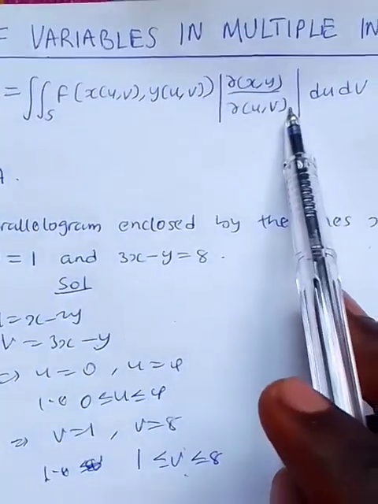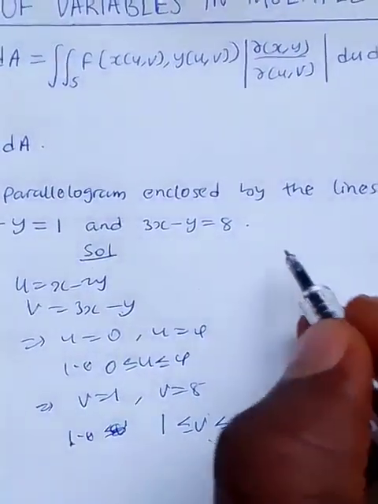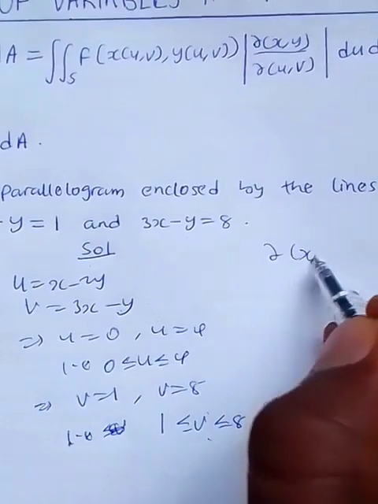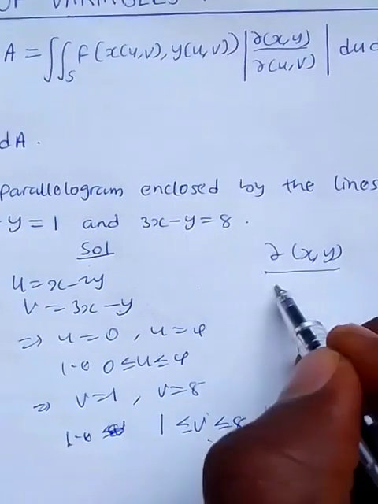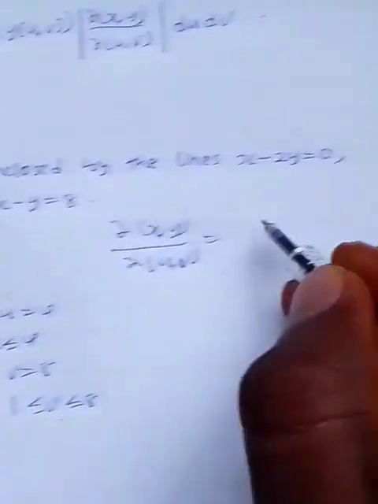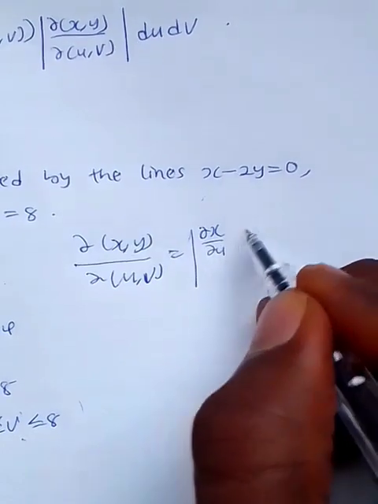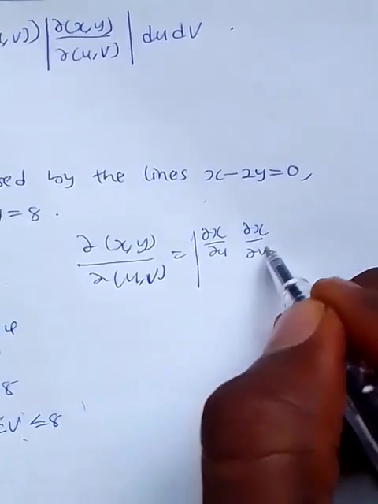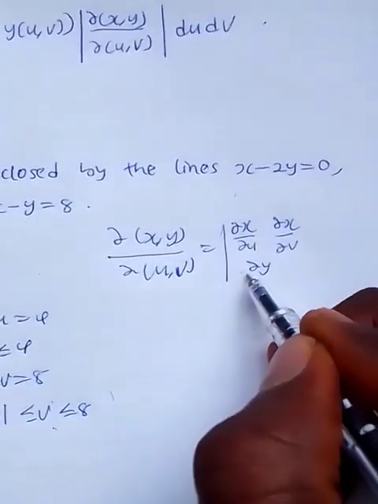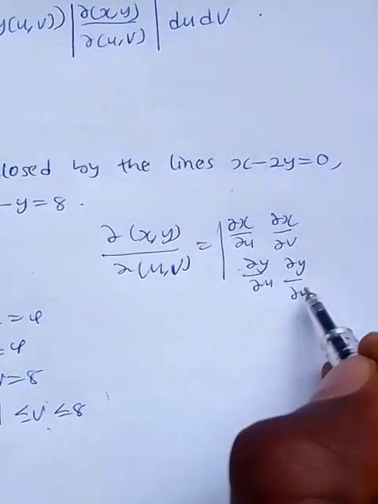The next thing to do is to calculate the Jacobian. So we are going to calculate the Jacobian using this formula. A Jacobian transformation of x, y with respect to u, v is simply partial x, partial u, partial x, partial v, and partial y, partial u, partial y, partial v.